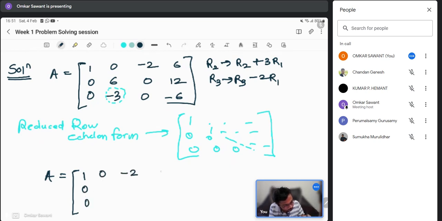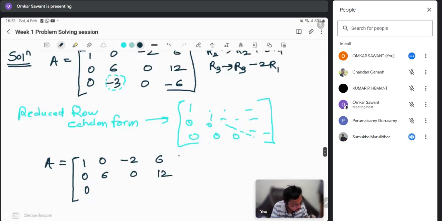Yes, people. R3 gives R3 plus twice of R2, correct? So what will you get?